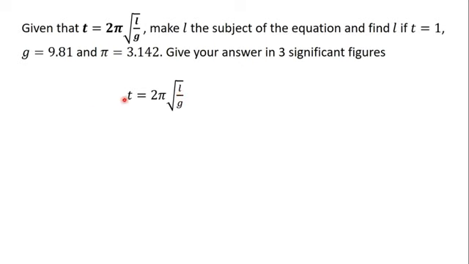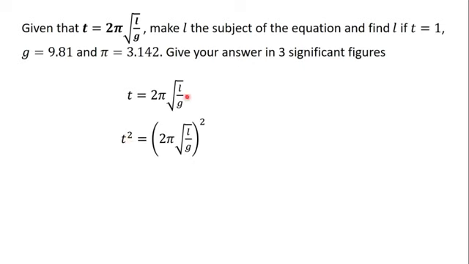What do we do? We square all the terms on the left hand side and we square all the terms on the right hand side. So we square everything on the left hand side, then we square everything on the right hand side. What is on the left hand side is t, so t squared.